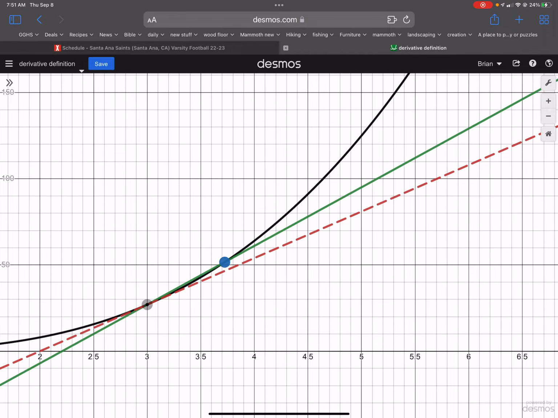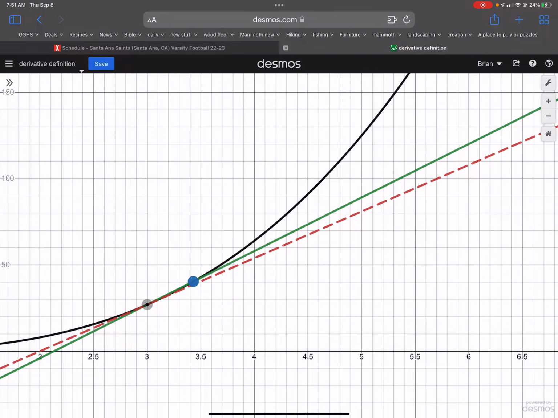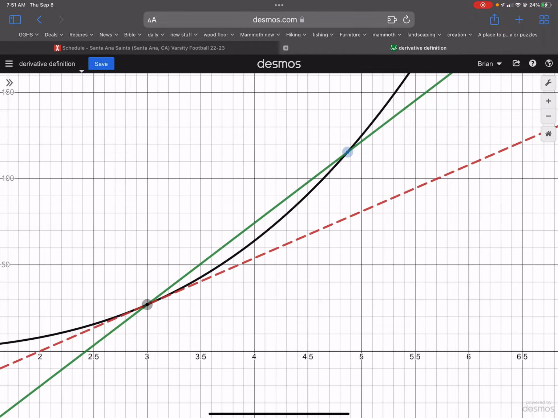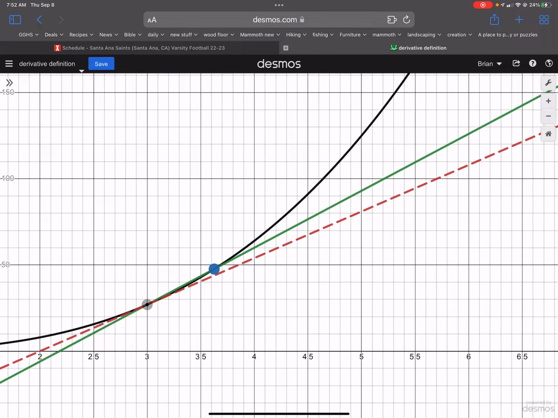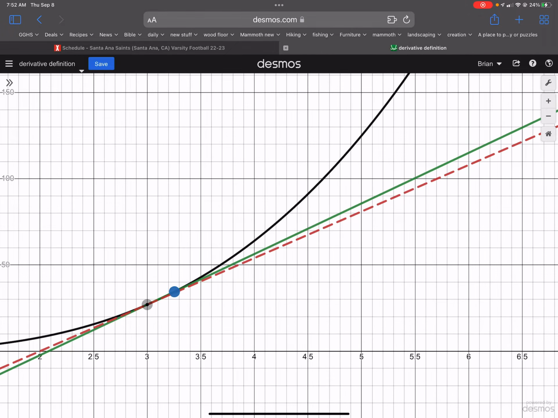The secant line gets closer and closer and closer to the tangent line, and it approaches the tangent line. So we're going to find the slope of this green line, and then we're going to let the distance from this point to this point get smaller and smaller. That distance will approach 0. In that limit, the slope of the green line approaches the slope of the tangent line, and that's how we're going to find it using limits.